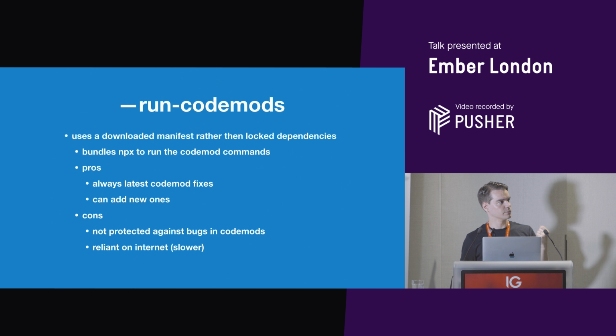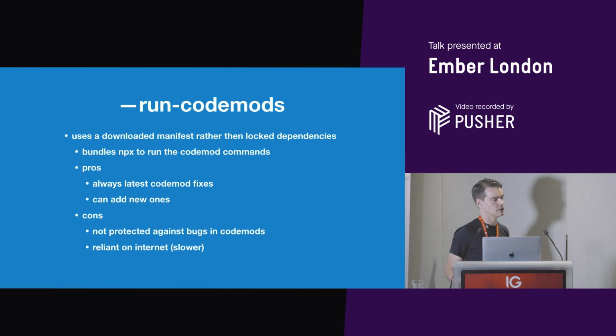And when I download ember-cli-update, I bundle npx and I just run it. Run the commands in sequence. And so it's all network, all latest code. So down to the pros: all latest code mod fixes, which means I can also add new ones to this manifest, and no one needs to update ember-cli-update because every run it downloads the new manifest.